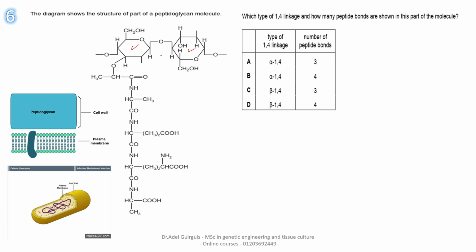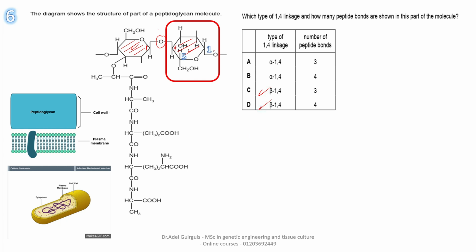Look, as the O lies above, this means the OH of carbon number 1, for this molecule, and carbon number 4 for the second molecule, lie above the plane of this carbohydrate or glucose monomer. So it is beta 1,4. So the answer is C or G.